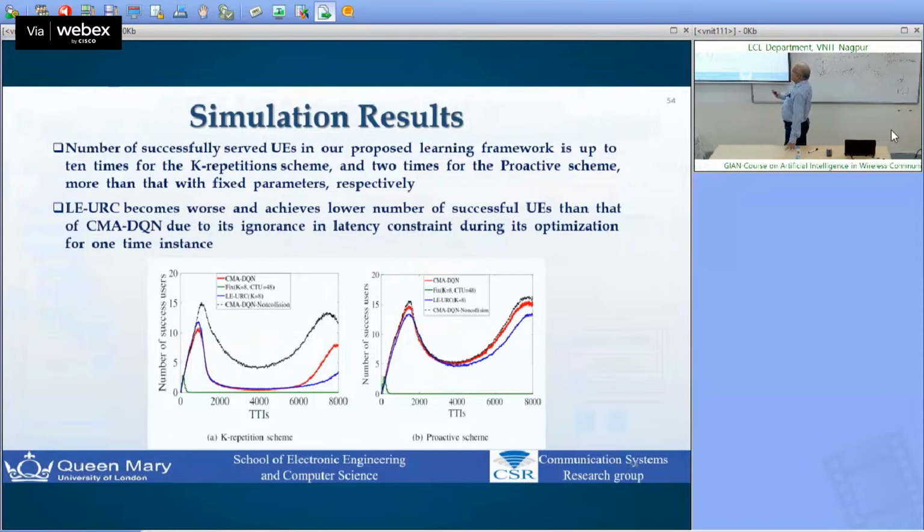During the bursty traffic all the others fail, but the black one, dynamically changing, is much better than the other schemes. Here in the proactive scheme, the fixed one completely failed, but the others are better because they meet the latency constraint. In the K repetition scheme they won't meet the latency constraint because they have to wait till the 8th repetition. So the latency constraint fails.